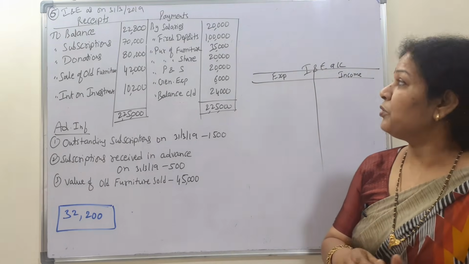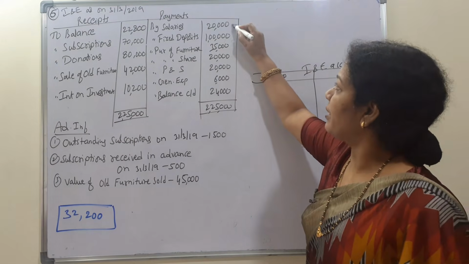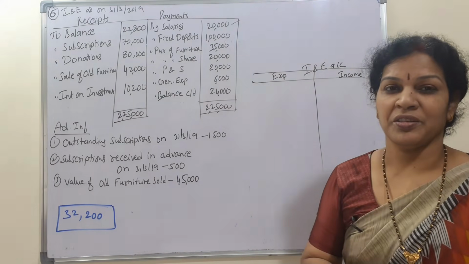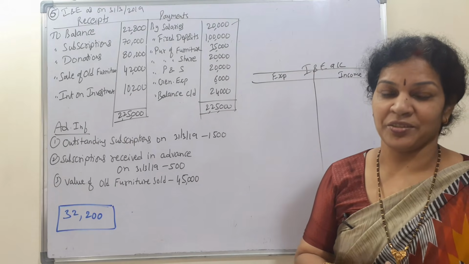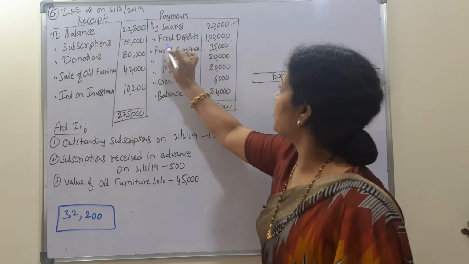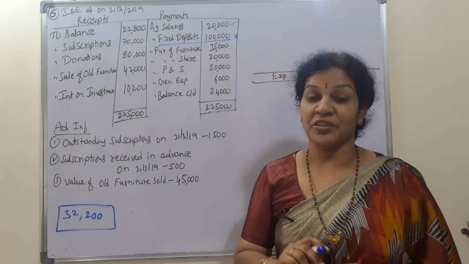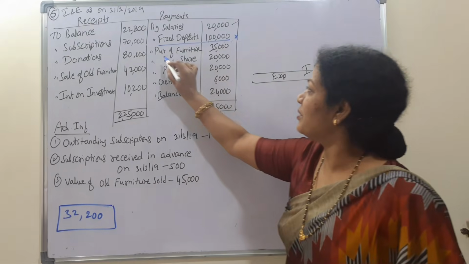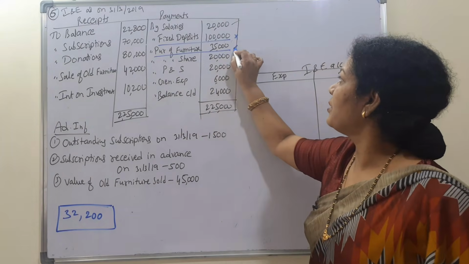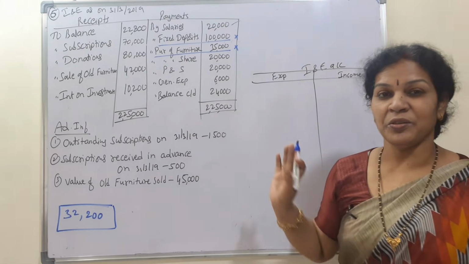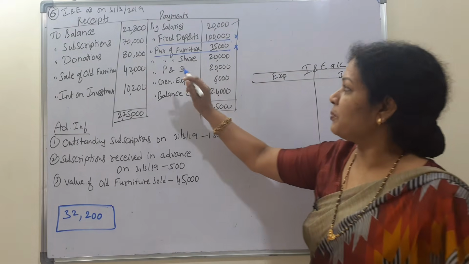Salaries we are going to consider as expenses. Fixed deposits is an asset, we don't take it into the income and expenditure. Purchase of furniture is also a balance sheet asset, we don't consider it in the income and expenditure account. Next, purchase of shares.